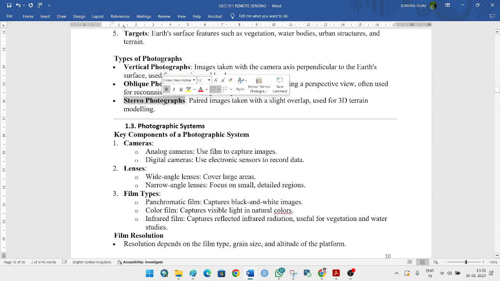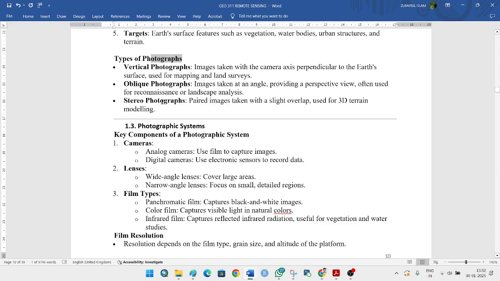Such type of remote sensing was very popular before, when the satellite data was not so good. Nowadays we have more satellites and more satellite data, so we are using less photographic remote sensing.